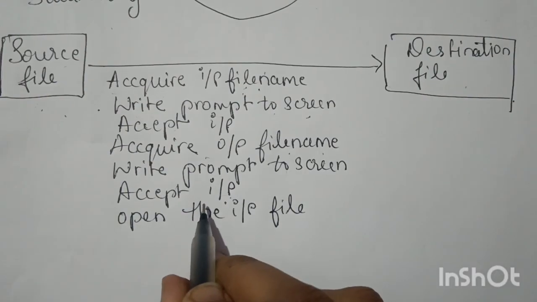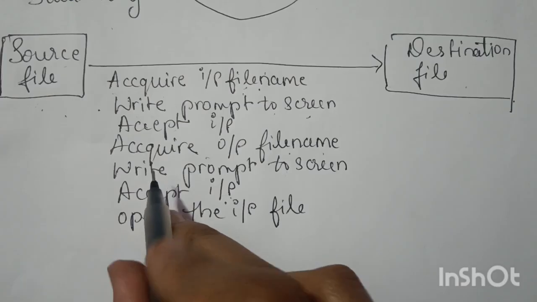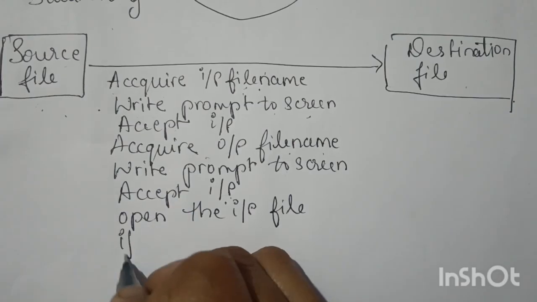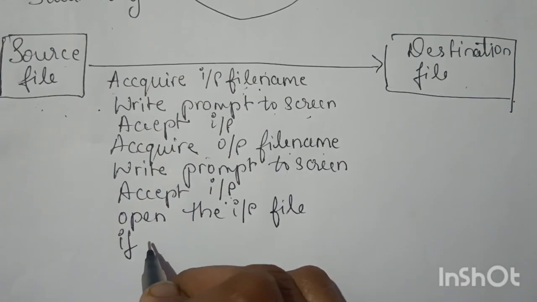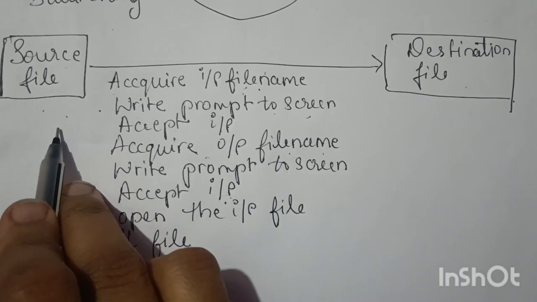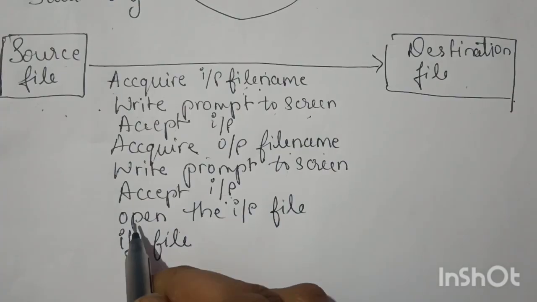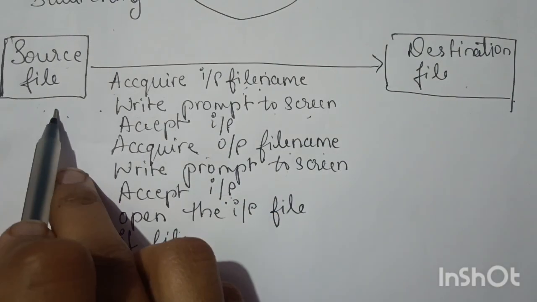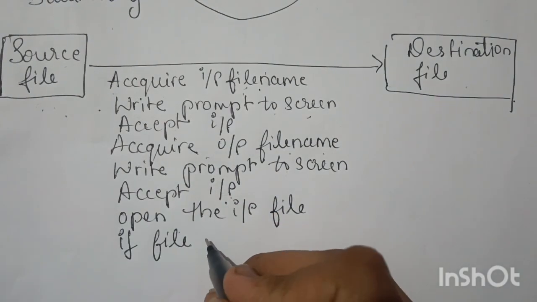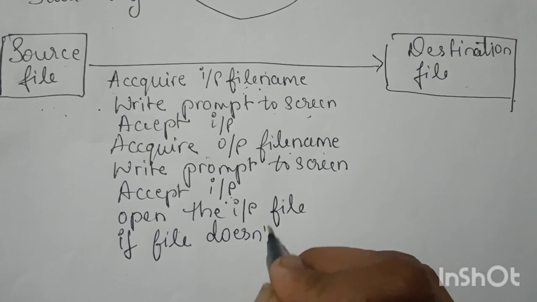Now before opening that file, we have to check one condition. We have to know whether the file we are asking for as input is really there or not. So while trying to open this input file, it has to be checked whether the file exists or doesn't exist.